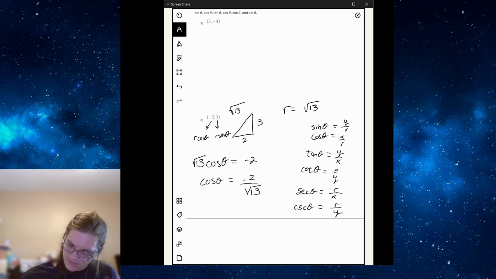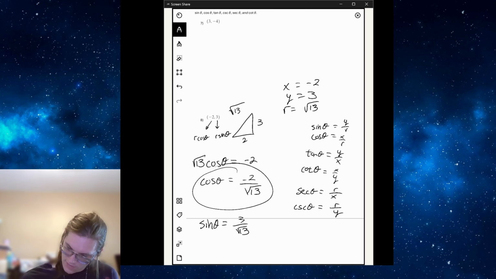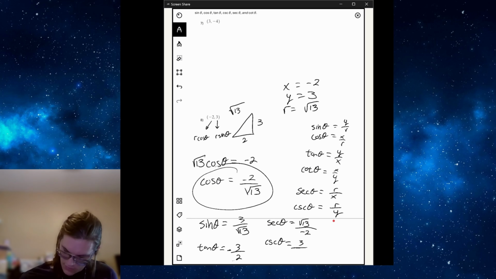And to answer this one, cosine is right there, sine is y over r. Y over r is going to be 3 over root 13. Tangent is just going to be y over x, so 3 over negative 2. I'll write the negative over here. Secant is r over x, cosecant r over y. And cotangent, we just flip the tangent.